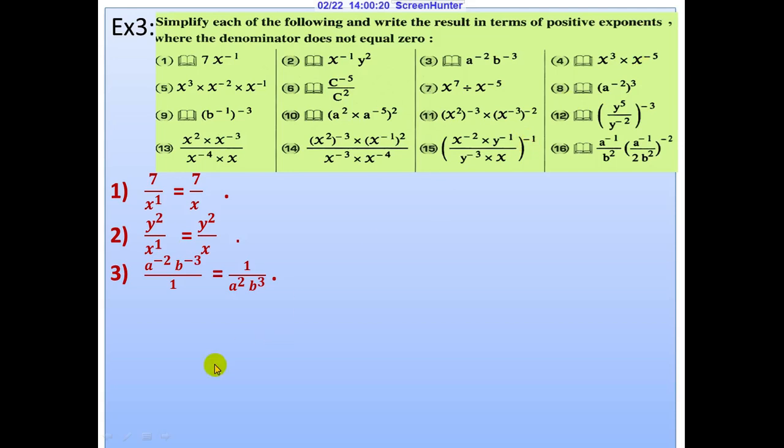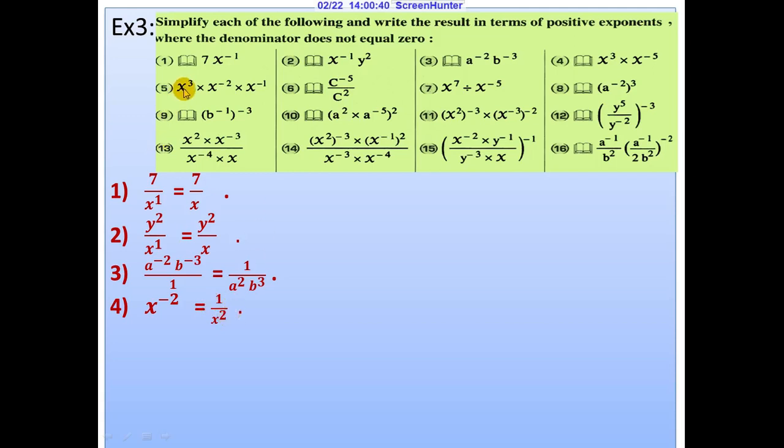So it will be equal to x raised to power negative 2, because when we add the powers 3 plus negative 5, it will be equal to x raised to power negative 2, and we change its place like that. It will be equal to 1 over x raised to power positive 2.